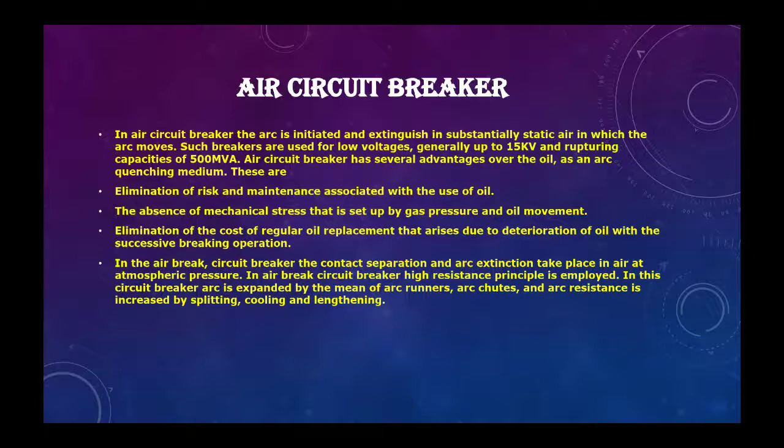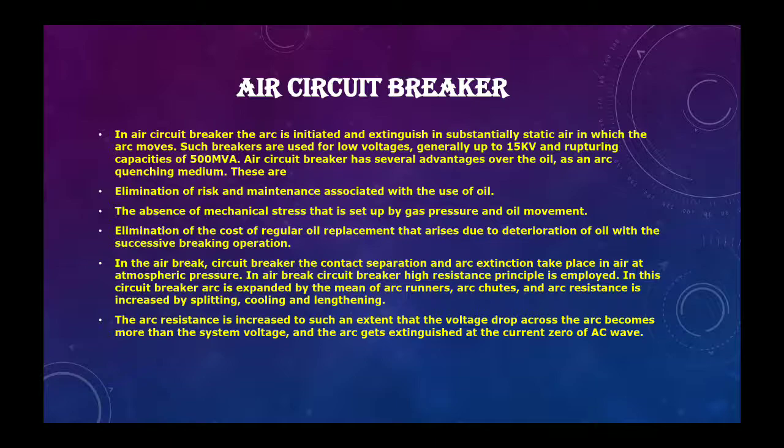In this circuit breaker, the arc is expanded by means of an arc runner and arc chute, and arc resistance is increased by splitting, cooling, and lengthening the gap between the fixed contact and moving contact. So these all are high resistance methods.